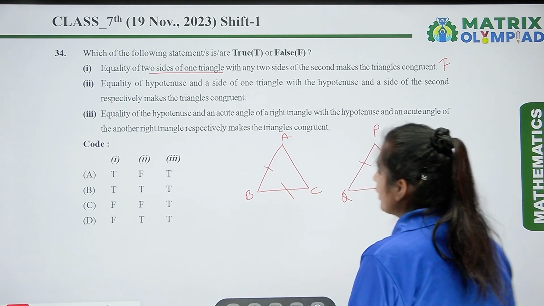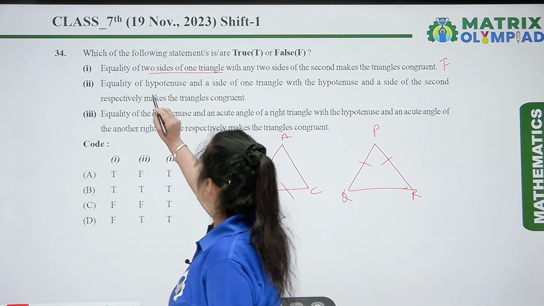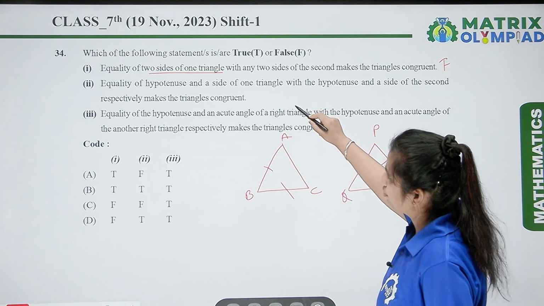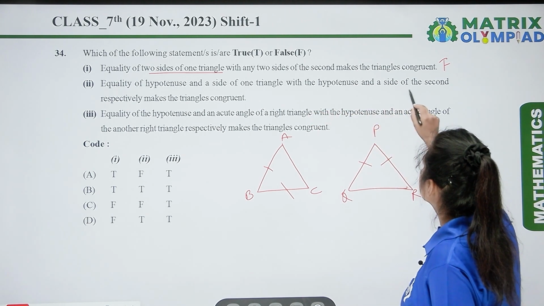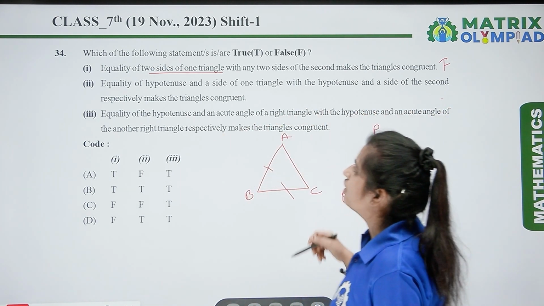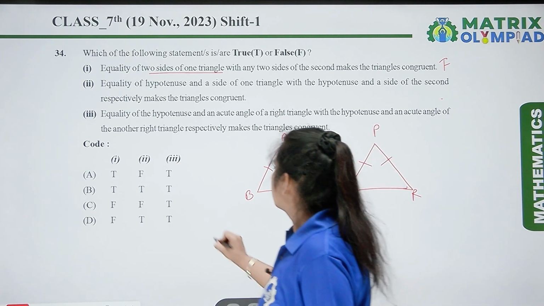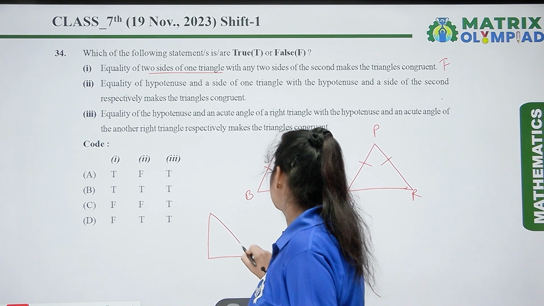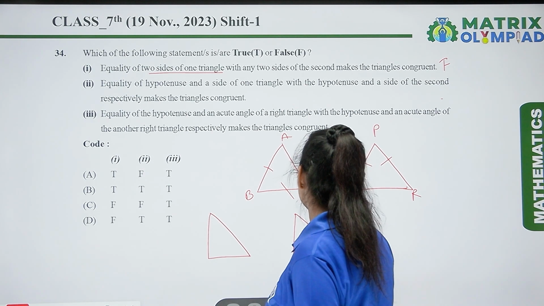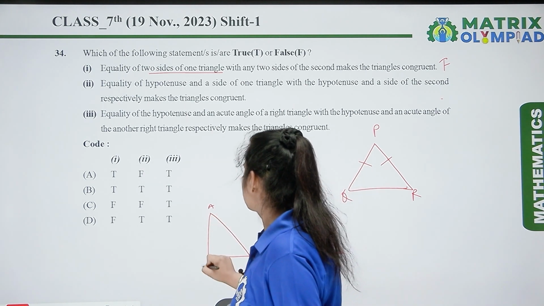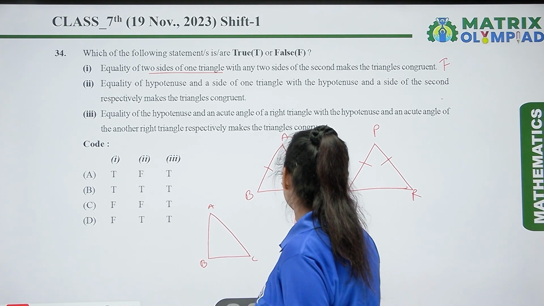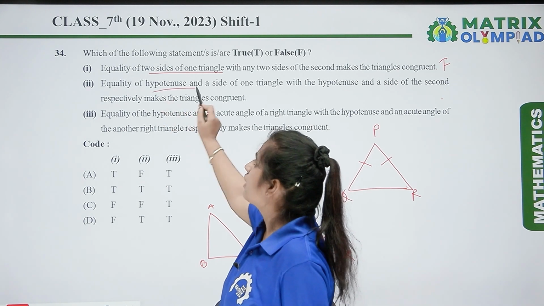So this statement is false because to make congruency in a triangle, we need three corresponding parts to make the triangle congruent. Now, the second statement is equality of hypotenuse and a side of one triangle with the hypotenuse and a side of second respectively makes the triangle congruent. Now, for the second statement, we have two triangles. We are making it right triangle because in the question it is said hypotenuse.